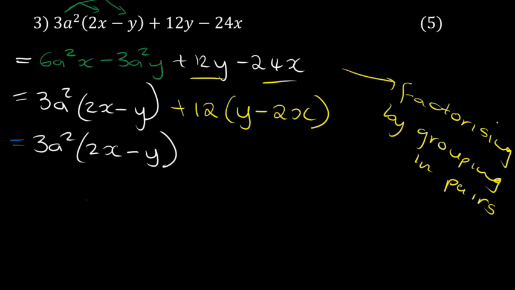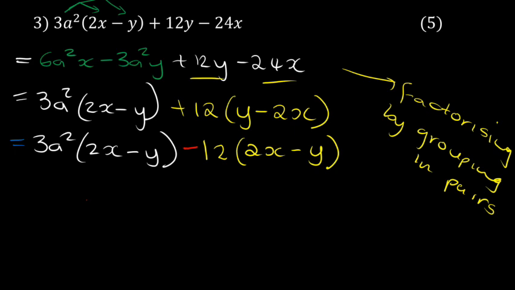So I'll take out a common factor of negative, so that would be negative 12. Now, if I take out a negative, the y becomes negative and then the x becomes positive, meaning I can write it like this as 2x minus y.